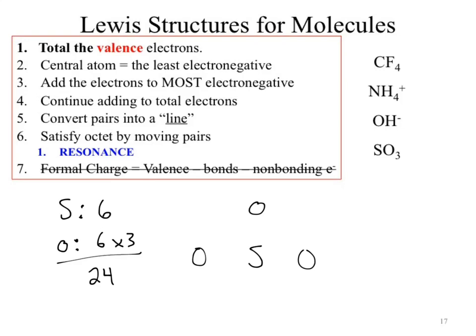All right? We can now go through and do what? Add our electrons. Where? To the oxygens, because oxygen is more electronegative than the sulfur.